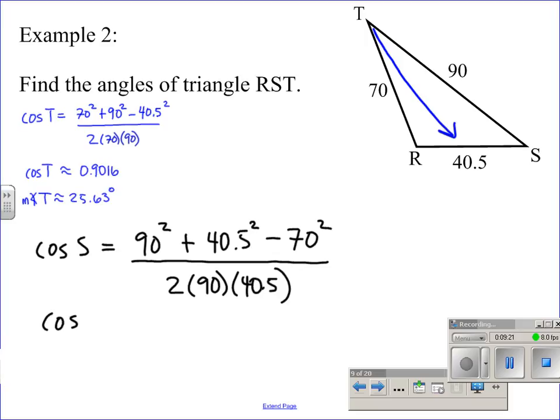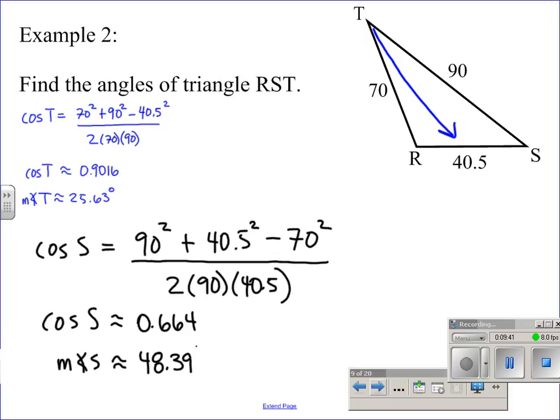And going to simplify that, and I find that the cosine of S is approximately 0.664. And again, I need to use arc cosine here, and I find that the measure of angle S is approximately 48.39 degrees.